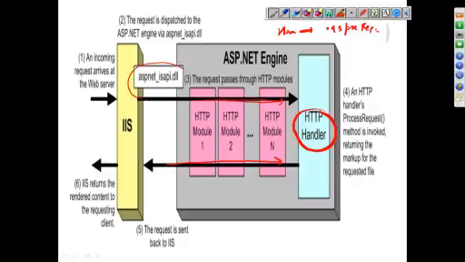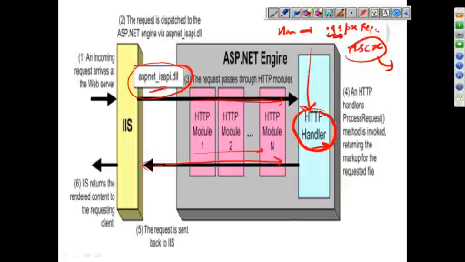This DLL within the ASP.NET engine is another process, and it filters your request type. If you have an ASPX type, it assigns it to the corresponding handler which handles ASPX requests. If the request is for another file extension, let's say ASCX, it is assigned to a different HTTP handler. But remember, all requests go to the common HTTP modules. Modules are not specific, but the handler is specific to the file extension.